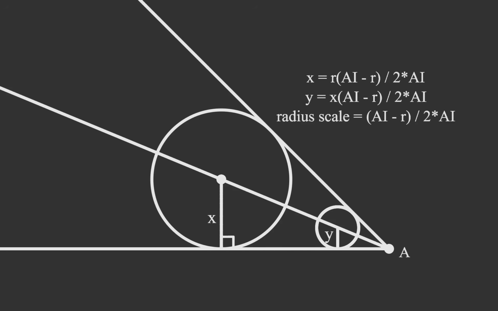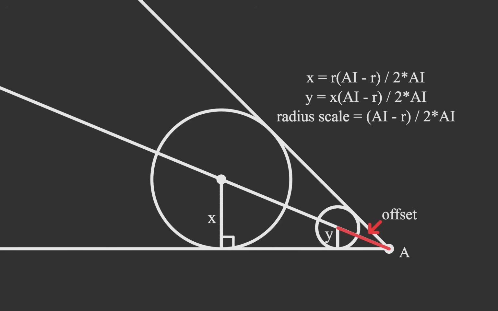But the radius isn't the only thing we need to find. We also need the coordinate of where the smaller circle fits into the corner. We can treat this coordinate as an offset from where the vertex is. That is, something to add to the vertex coordinate to get the desired position. Furthermore, we want an offset that we can scale by the radius.